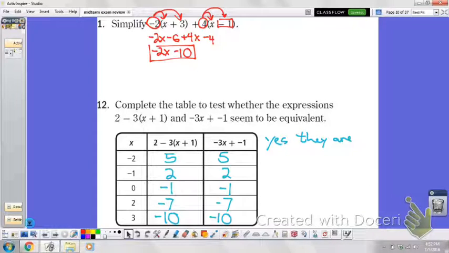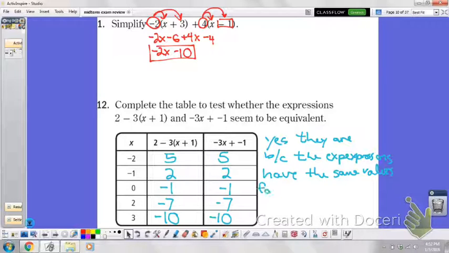And they're equivalent because the expressions have the same values for each x value. So they are equivalent expressions.